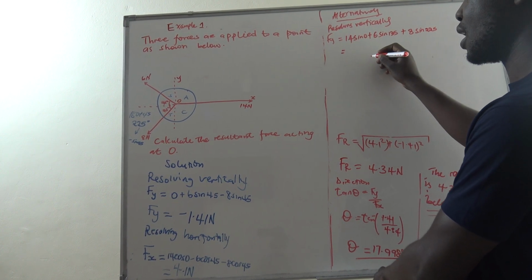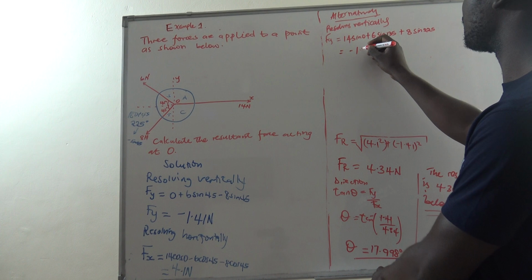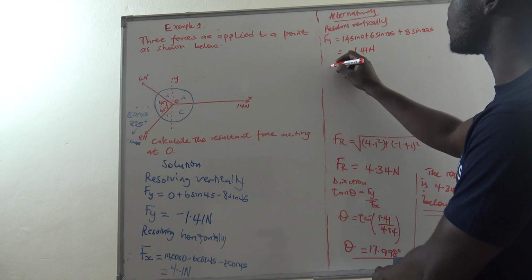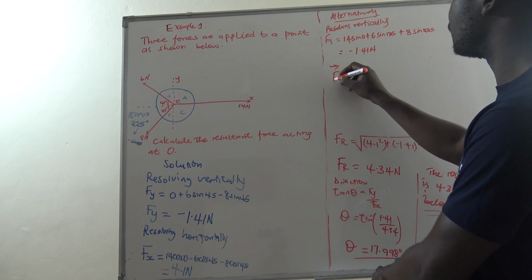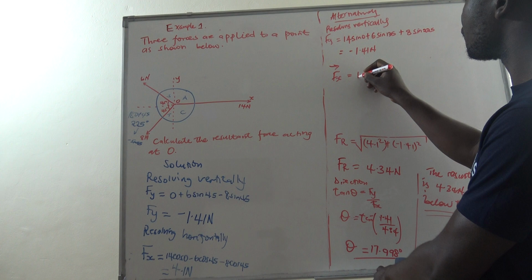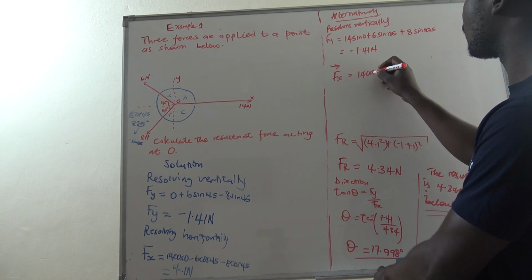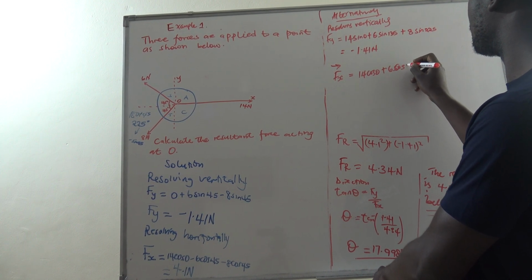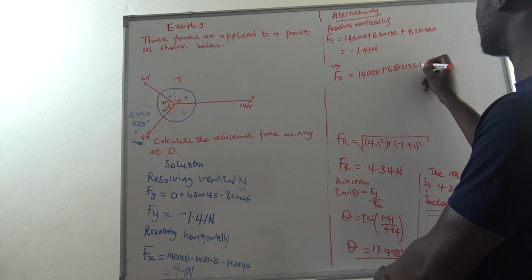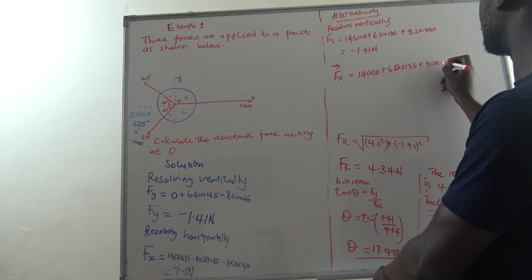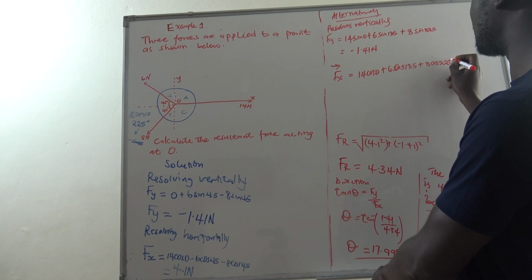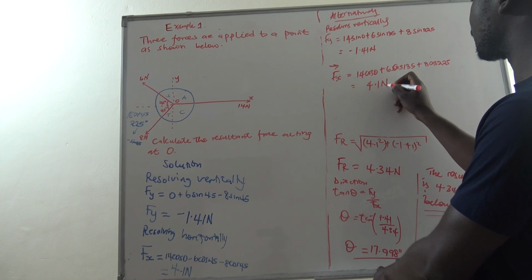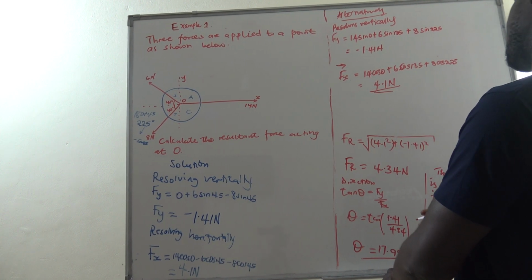Now when we press our calculator, we come up with 1.41 newtons. Then let us also resolve horizontally. Fx will be equal to 14 cos 0 plus 6 cos 135 plus 8 cos 225. Here we shall again get 4.1 newtons, and we proceed as before.